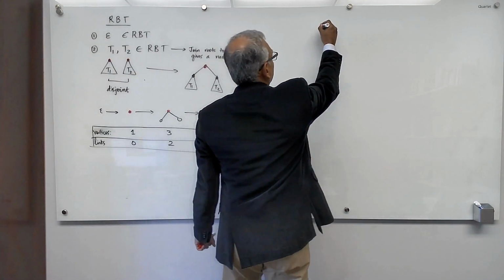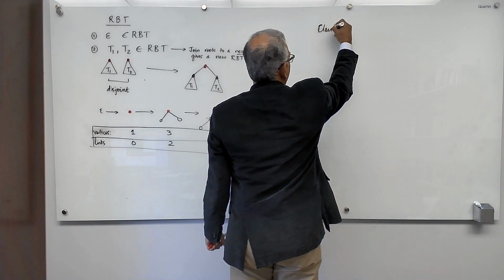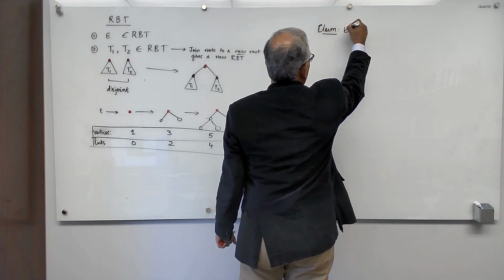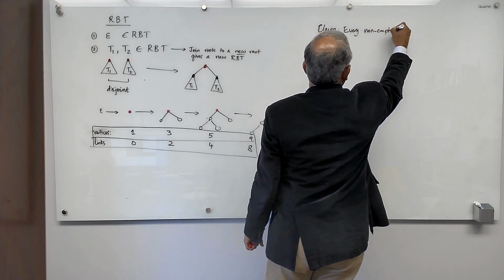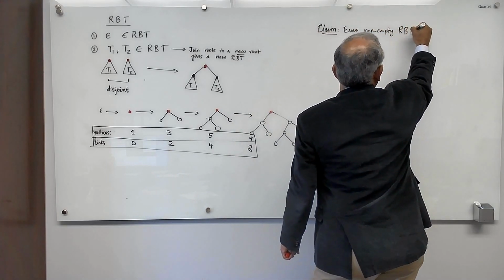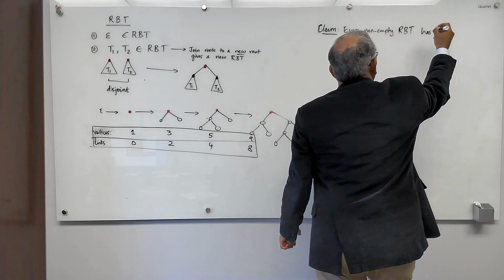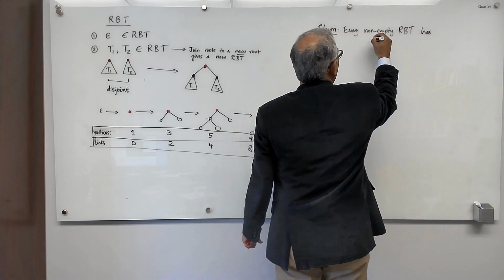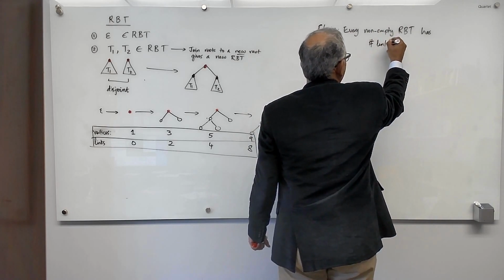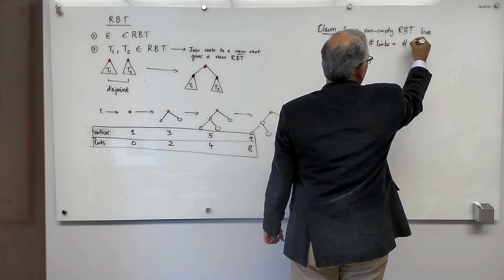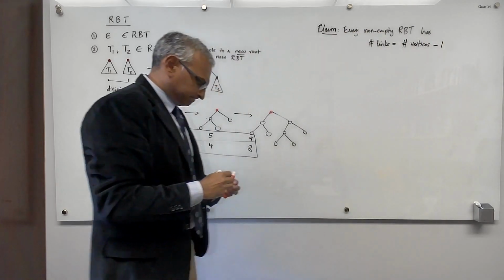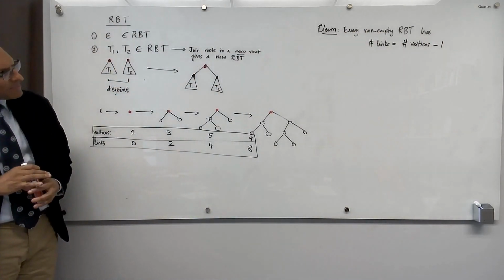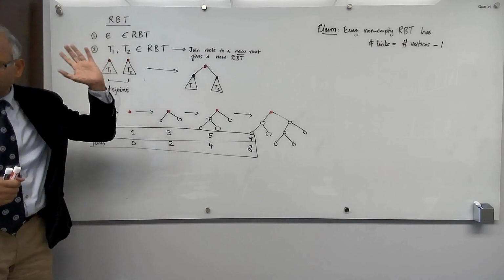So I'll claim: every non-empty rooted binary tree has a number of links equal to the number of vertices minus 1. We're claiming a property of rooted binary trees.